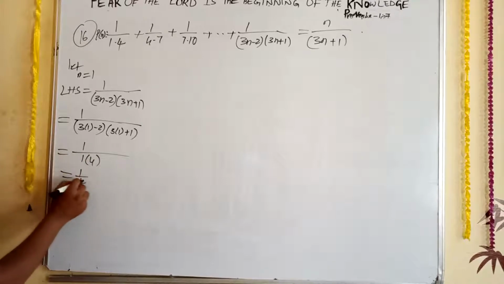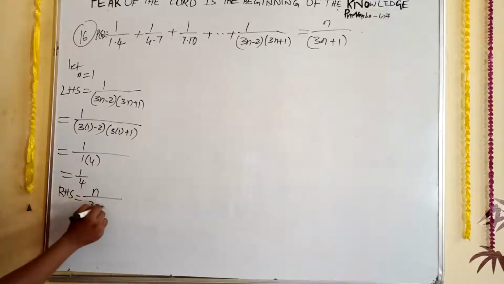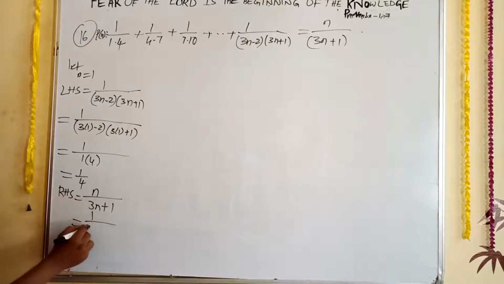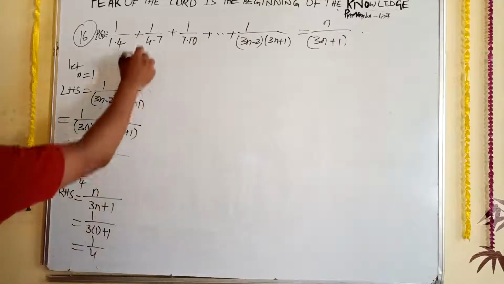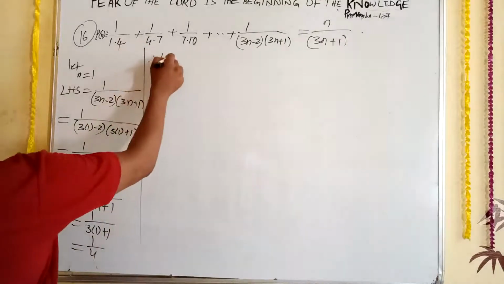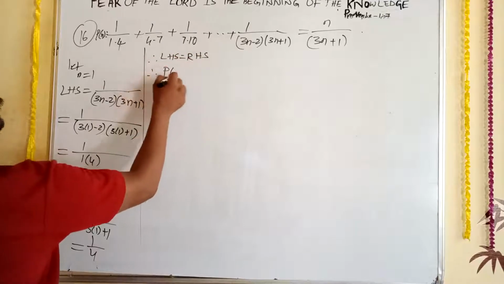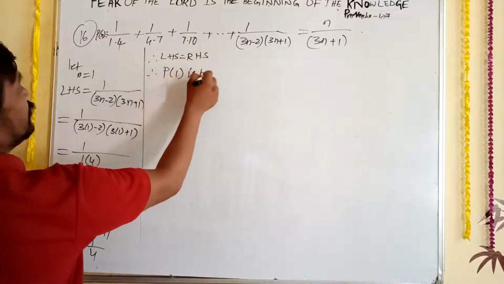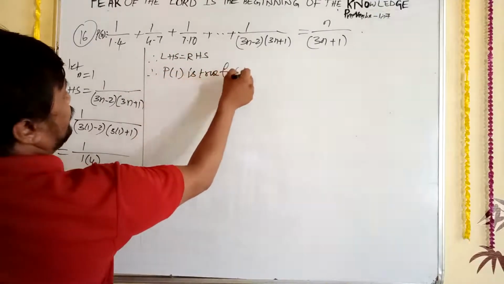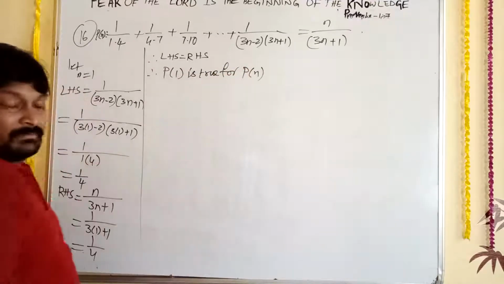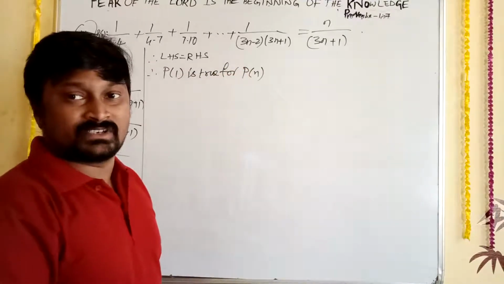So 1 upon 4. RHS, n upon 3n plus 1, substitute 1, 3 into 1 plus 1, that is 1 upon 4. Therefore, LHS is equal to RHS, therefore P of 1 is true.